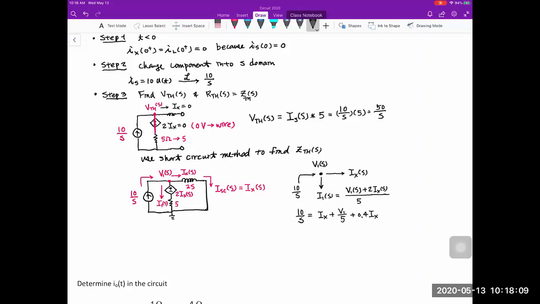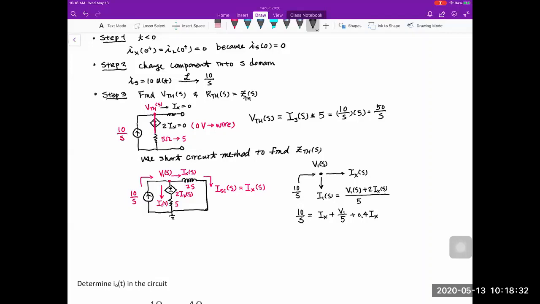But what is the V1 equal to? I have a V1 showing up, but I need to find the I sub x. Well, if you look at the circuit, isn't V1 equal to I times impedance, where the impedance is 2S?